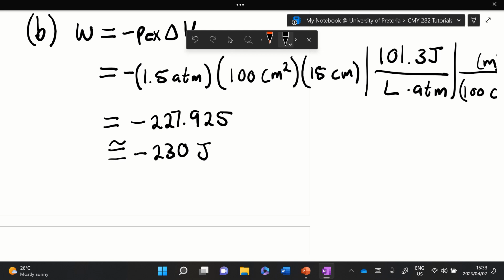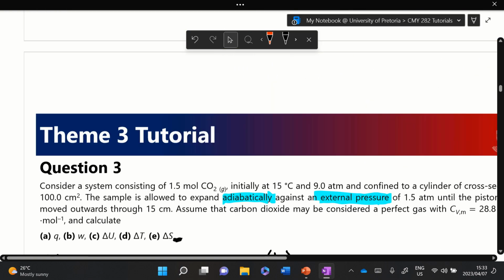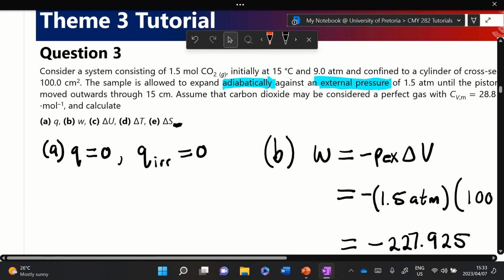Right, so that's our work, minus 230 joule. In other words, the gas performs work on the piston, which actually makes sense because it is expanding.